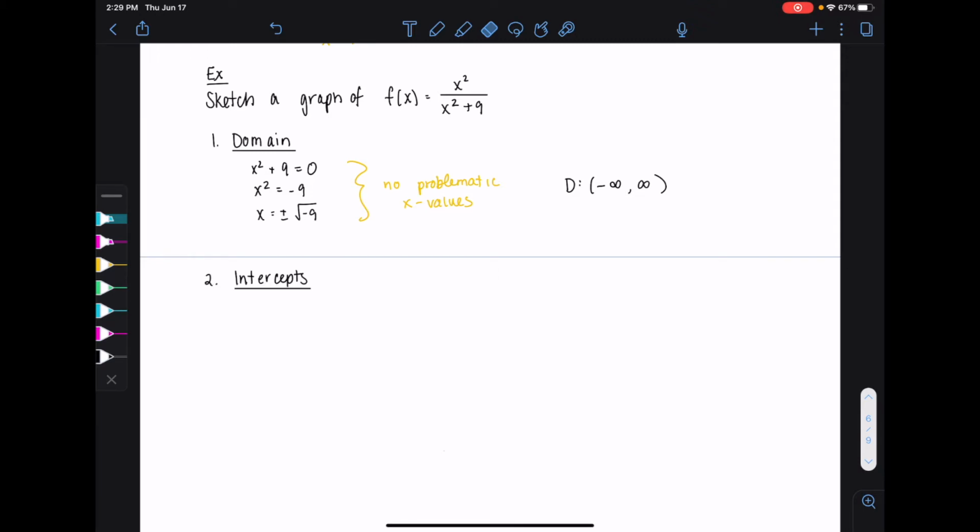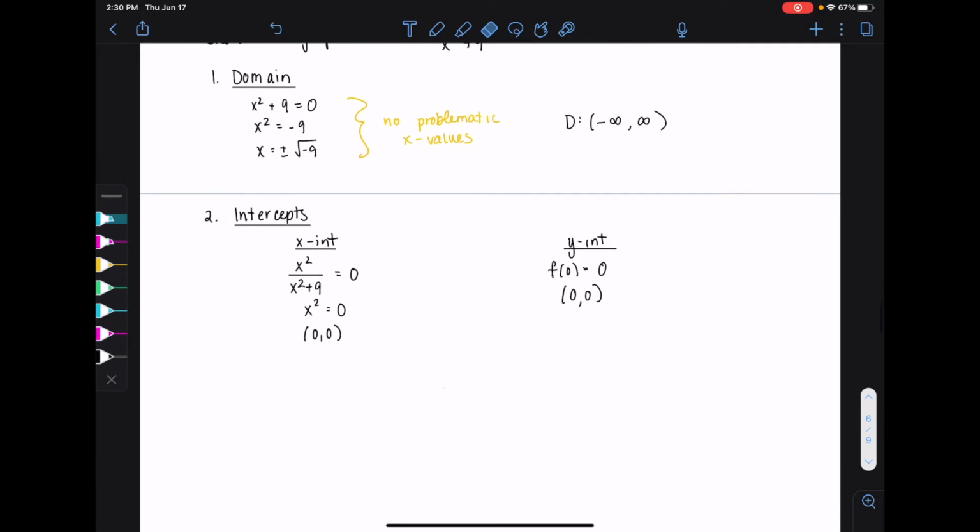Now we want to find our intercepts, so we need to find our x-intercept by setting this thing equal to 0. That's the same thing as solving where x squared equals 0. And just like in the last problem, your x-intercept is (0, 0). Your y-intercept, if you plug in 0, you get 0. Again, the origin is one important point for us.